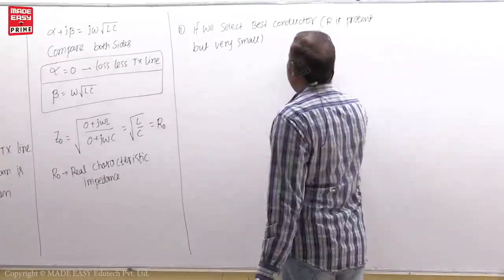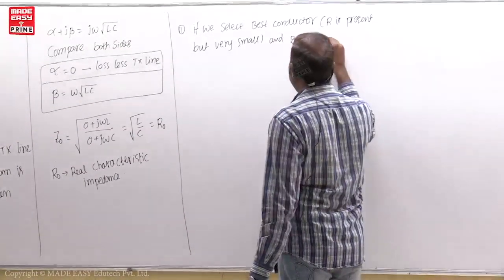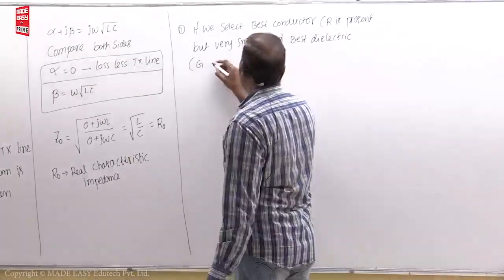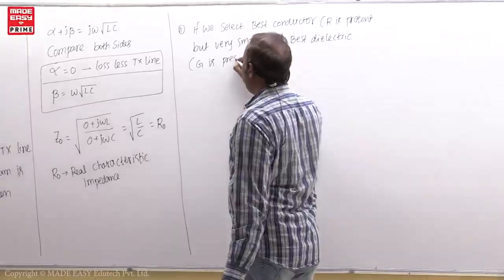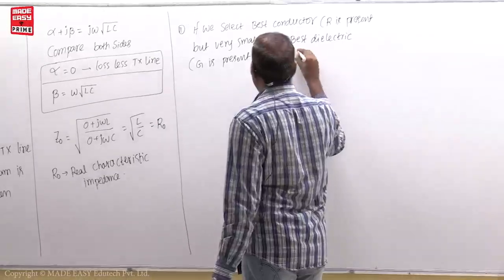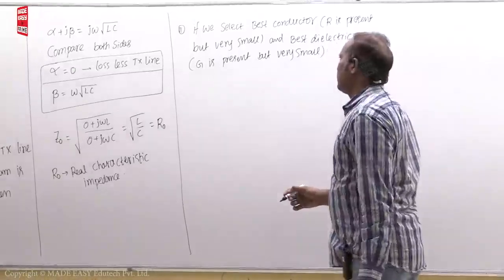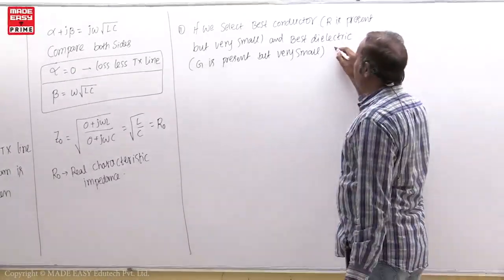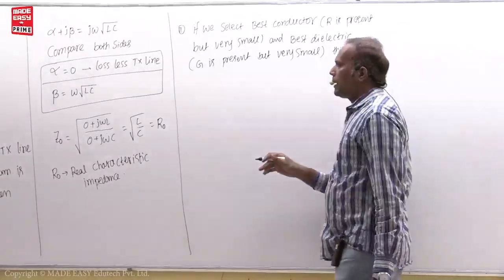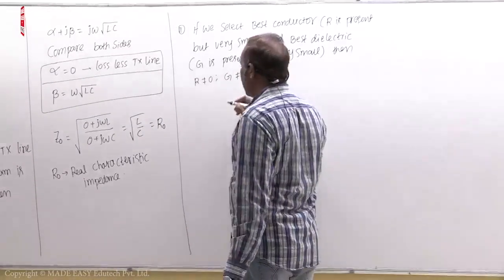If we select best conductor and best dielectric, for best dielectric G is present but very small. Then if we select best conductor and best dielectric, then R is not 0, and G is not 0.